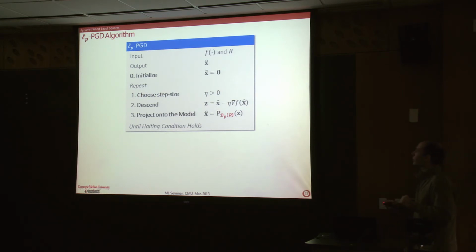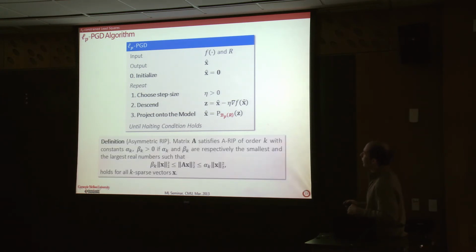For the moment, we assume that we can project onto a non-convex LP ball. To prove accuracy guarantees of this algorithm, we use a slightly more general version of the RIP, where the lower and upper bounds of the RIP can be arbitrarily chosen, or they don't have any connection to each other.